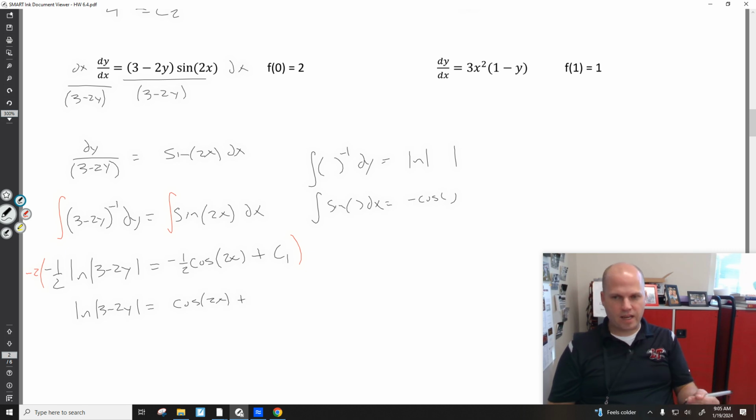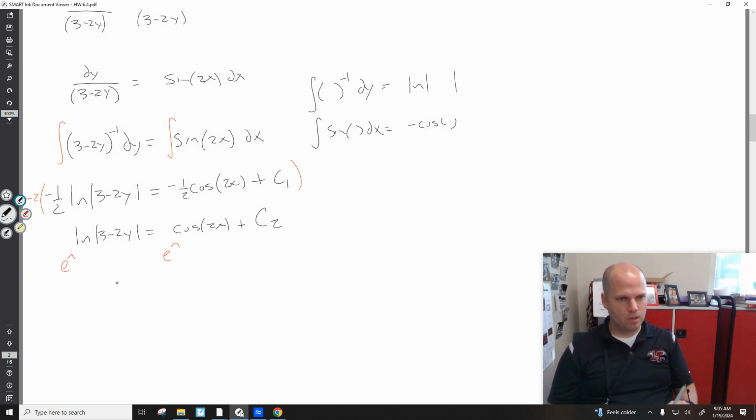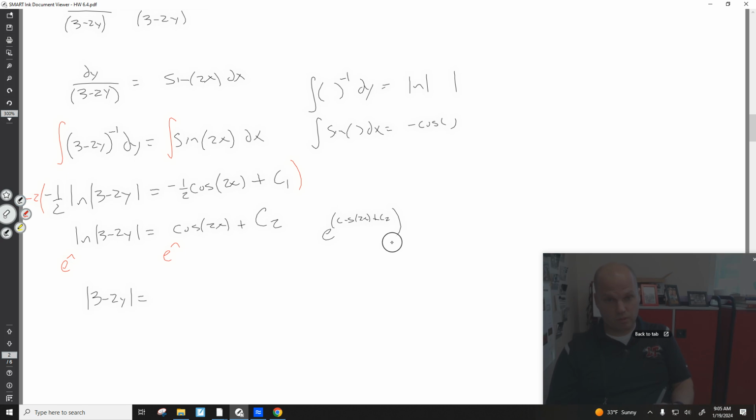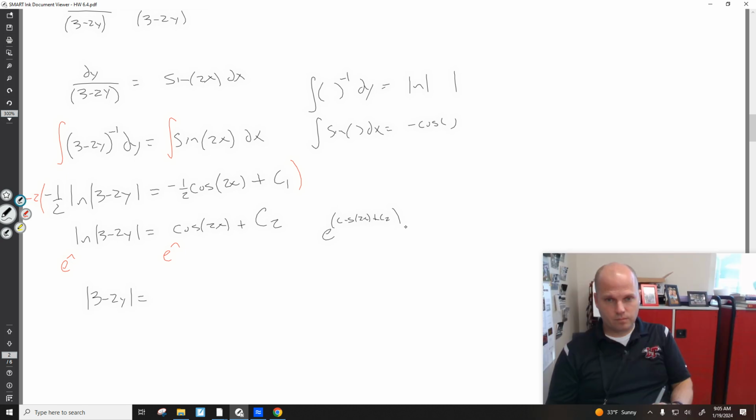C1 times negative 2, you can write as negative 2C1, or you can write that this is a different C. It's a C2. Take e to the power of both sides. This is going to be gross, but it'll work out. Giving me 3 minus 2y equals, I'll show it, e to the cos 2x plus C2 becomes, we're going to have a C3 for the first time, e to the cos 2x times e to the C2.